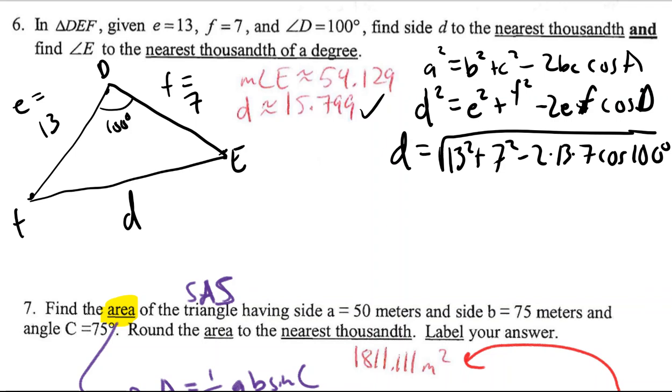And then you still need angle E, and you honestly have some choices here. Notice this question doesn't say you have to use law of sines or you have to use law of cosines. Sometimes you have to start off the problem a certain way, like this one has to start with law of cosines. As much as you may like law of sines, you just don't have the right information to find it. You'd need two angles to find a side in law of sines.